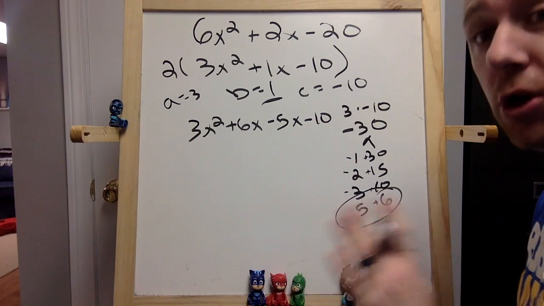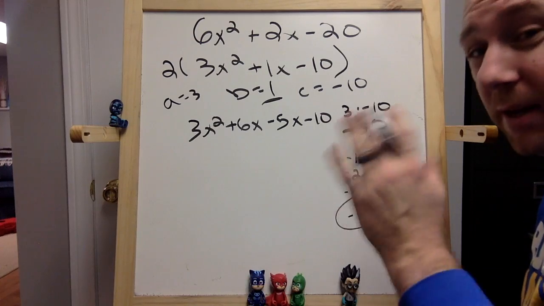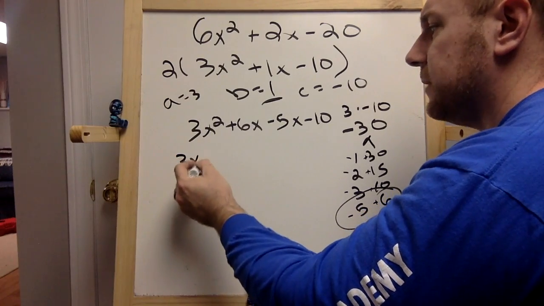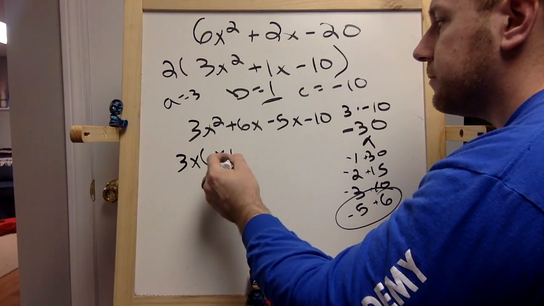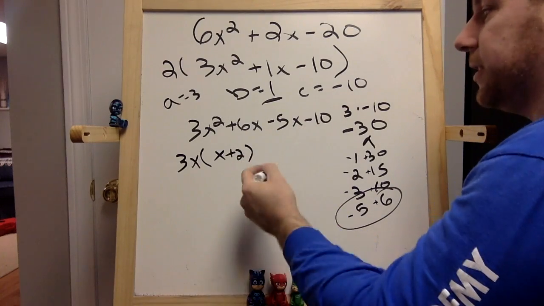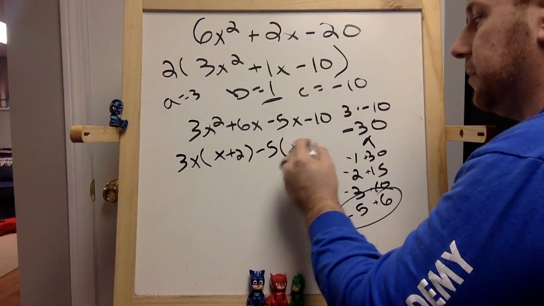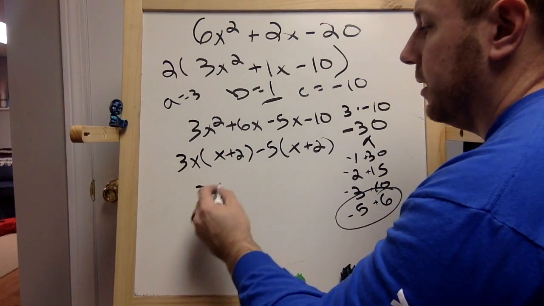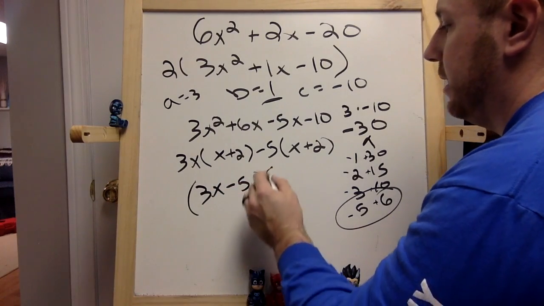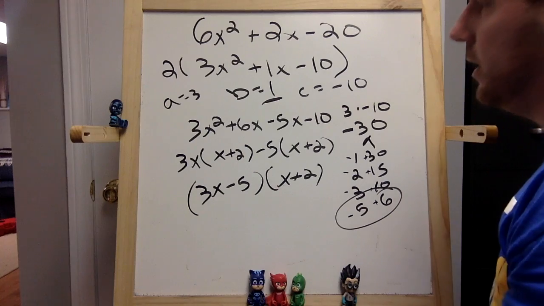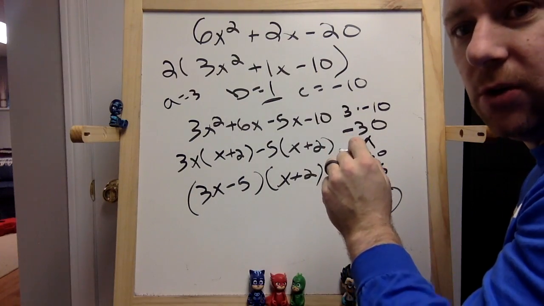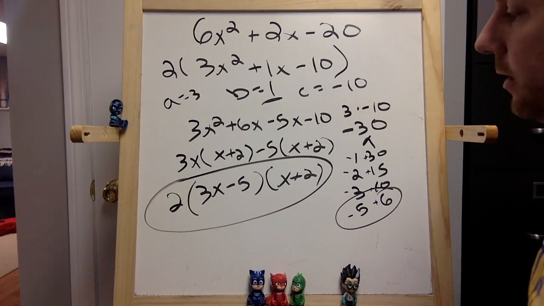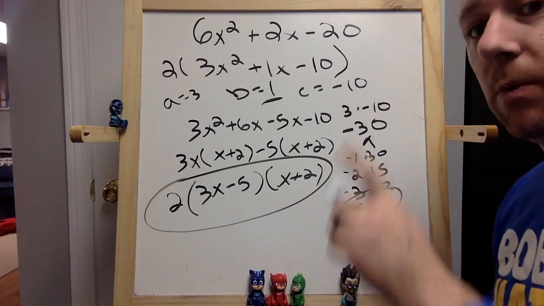Again, does it matter? No, you'll get the same answer either way, but sometimes it helps students think, oh, 3 and 6, that's obviously a 3x. And 5 and 10, both negative, that's going to be a negative 5. So now I'm left with 3x minus 5 times x plus 2, and I did factor out that 2 in the beginning, so I'm going to put that at the front, and that is the factored form with these quadratic trinomials when A is not 1.